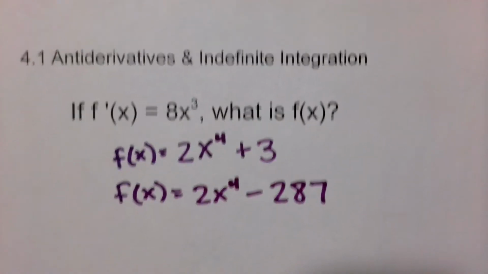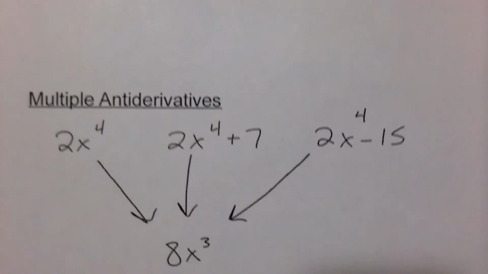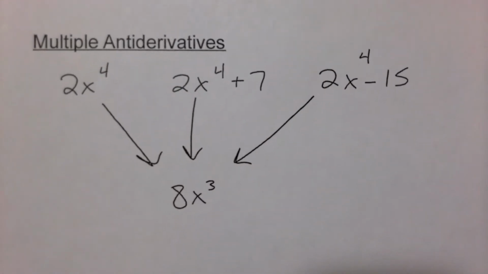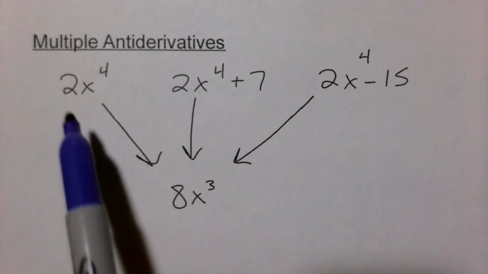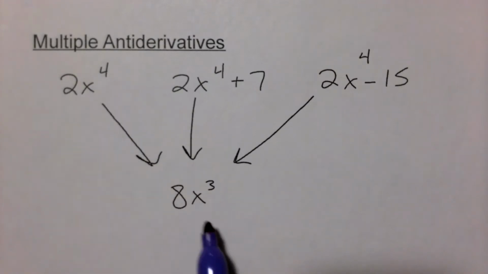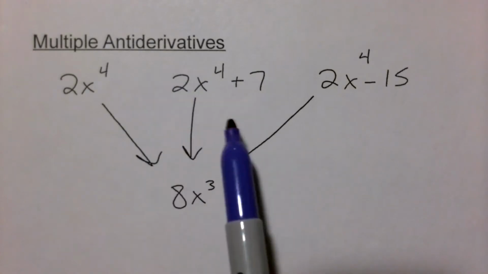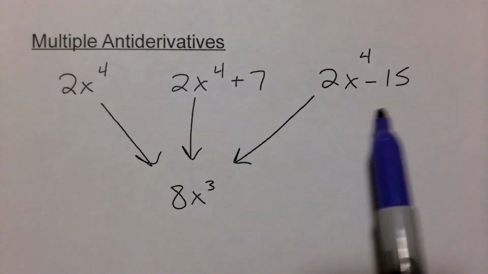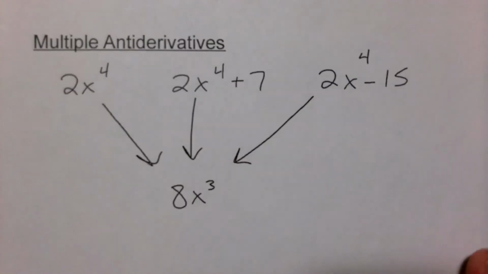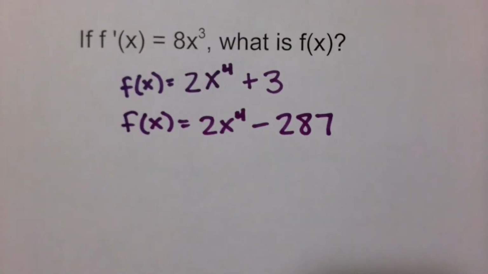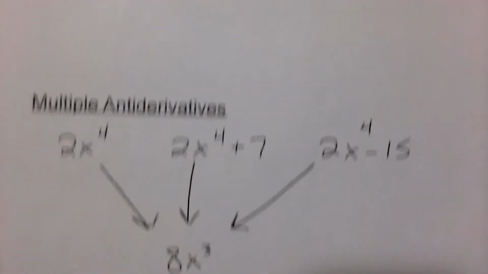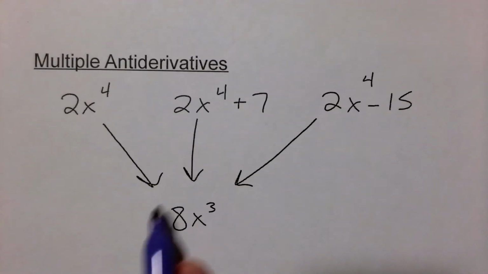So what we end up with is multiple antiderivatives, where if I am taking the derivative of 2x to the fourth, I end up with this 8x to the third. But if my original function was 2x to the fourth plus 7, or 2x to the fourth minus 15, or 2x to the fourth minus 287, I'm going to end up with the same derivative.